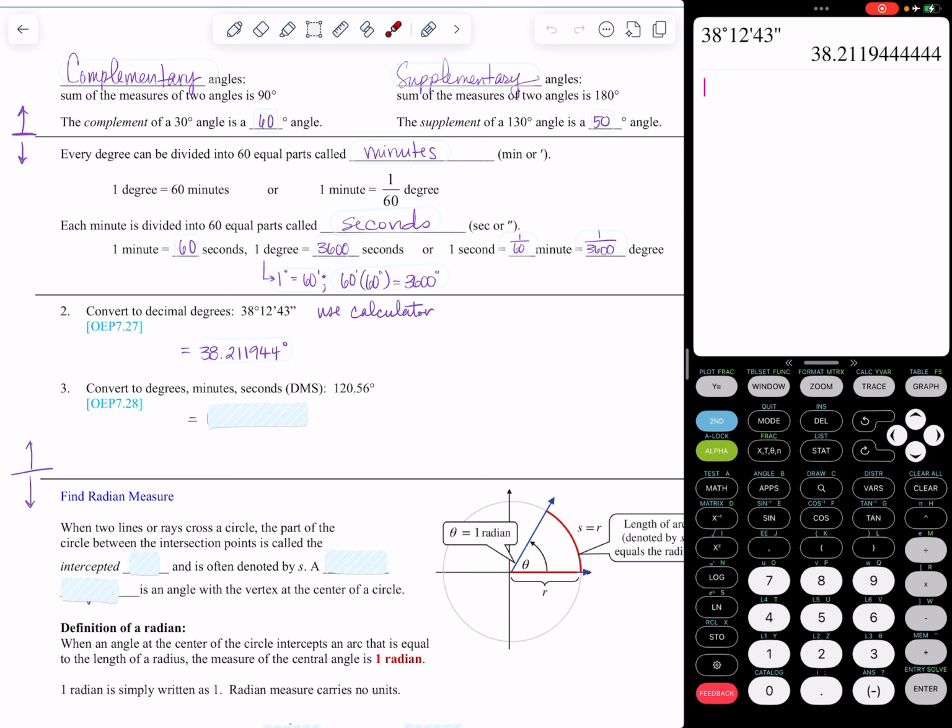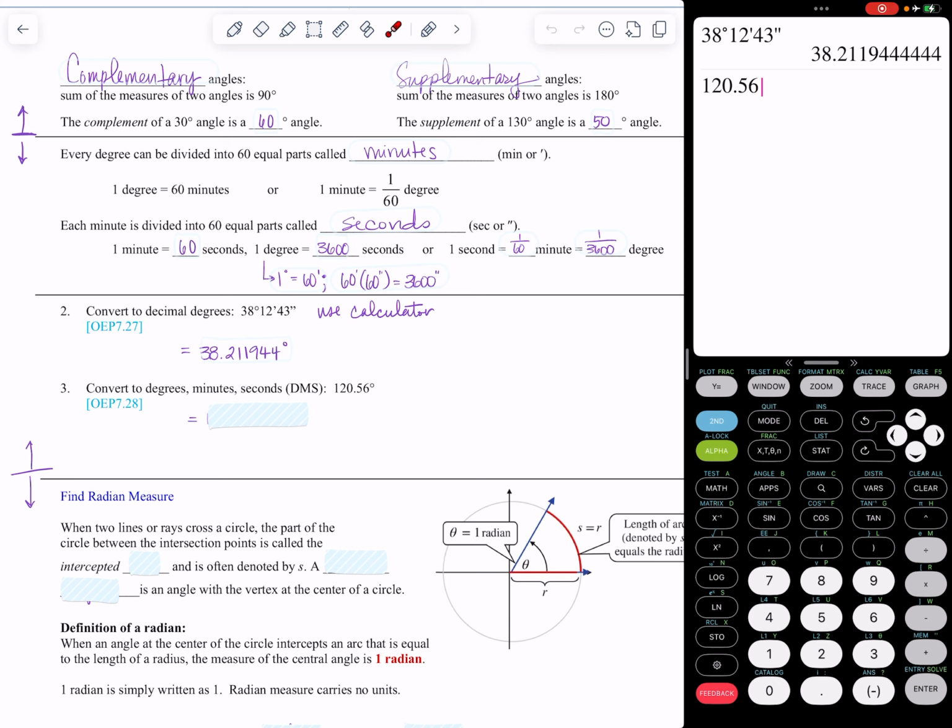All right, so for the second one, then we're going to go the other direction. This time we have a decimal number of degrees. So this is 120 and something degrees, literally between 120 degrees and 121 degrees. And so go ahead back to your calculator and type in 120.56.